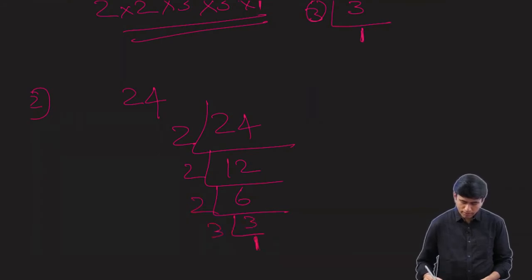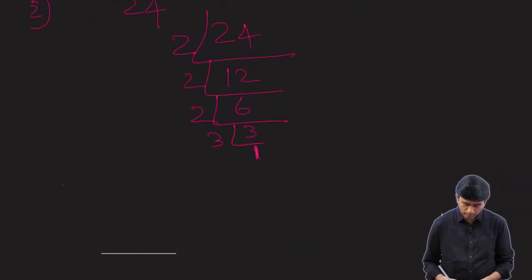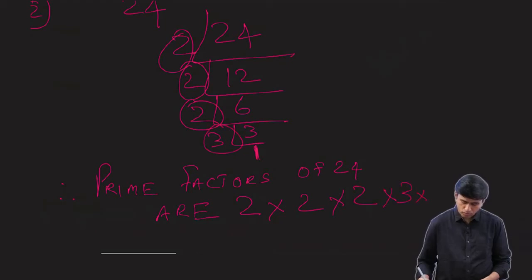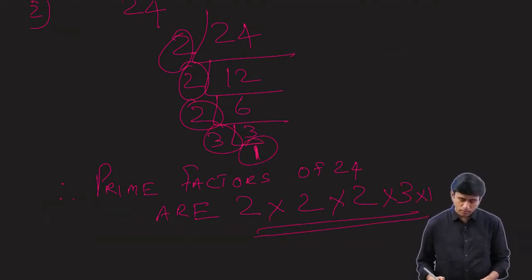So the prime factors of 24 are, go ahead and tell me, 2 into 2 into 2 into 3 into 1. They are the prime factors. This is how you are able to find the prime factors of a given number using the division method.